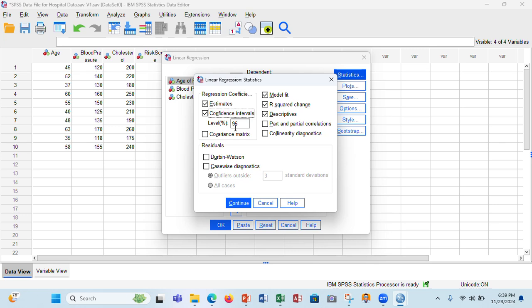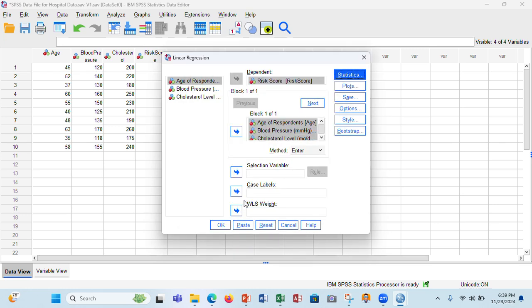When we expect 5% error, we have set our alpha value to 0.05, which is 5 out of 100. So we have already set our alpha value. Then we can say continue.